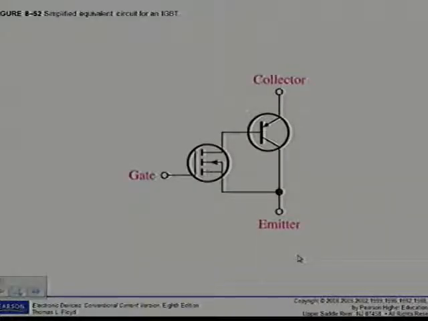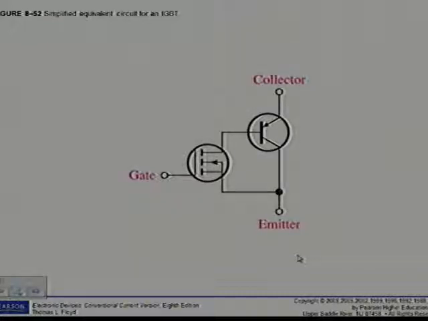The input element is a MOSFET and the output element is a bipolar transistor. When the gate voltage with respect to the emitter is less than the threshold voltage, the device is turned off. The device is turned on by increasing the gate voltage to a value exceeding the threshold voltage.